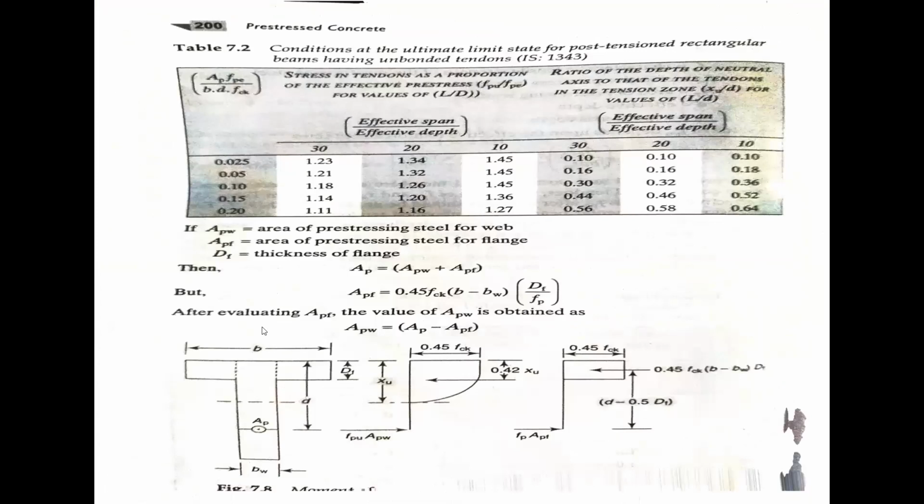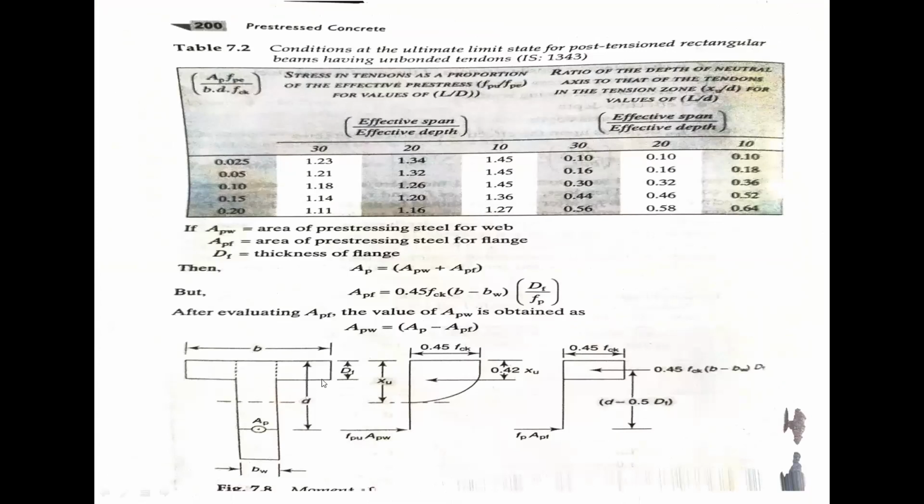Okay, now in this problem I have a flanged section. I have to calculate assuming the neutral axis falls within the flange. Neutral axis means the depth of neutral axis, with XU as the symbol. For the T section, you have to assume the depth of neutral axis within the flange.